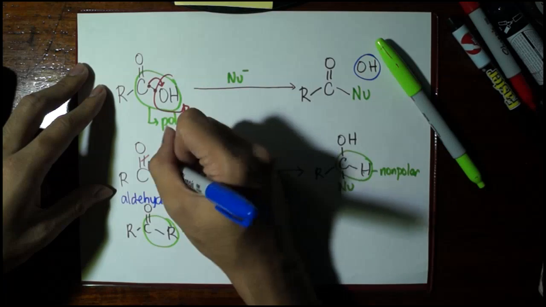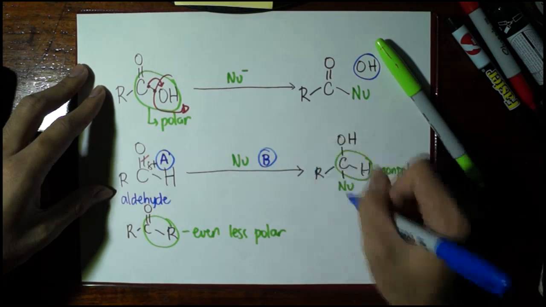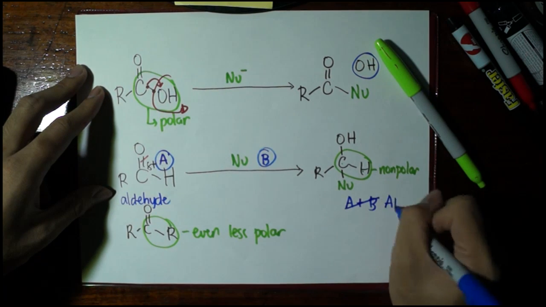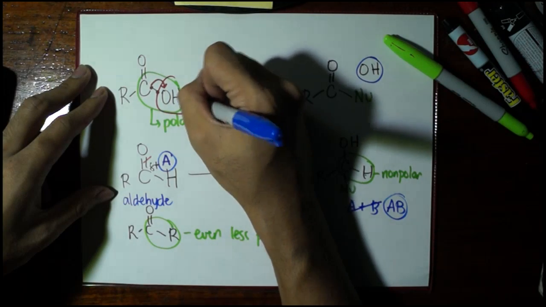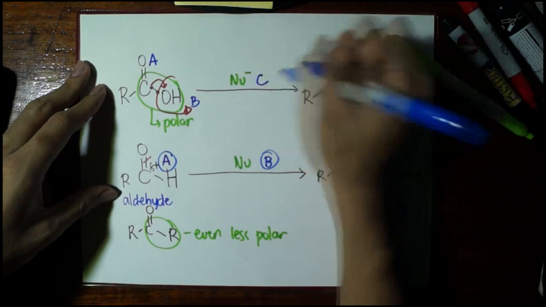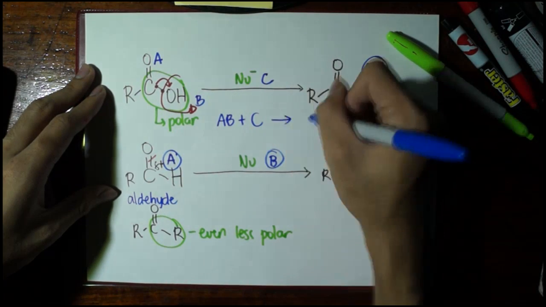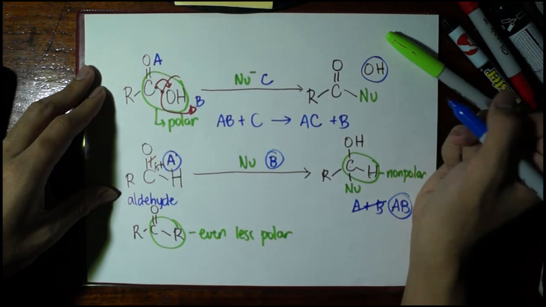So here, unlike this one, we have, for example, this aldehyde is A, this one is B. You have A plus B, you have AB. So this is addition. But here, let's say that the leaving group is B, the substrate is A, the nucleophile is C. So from AB, you added C, you produced AC plus B. So is this addition?